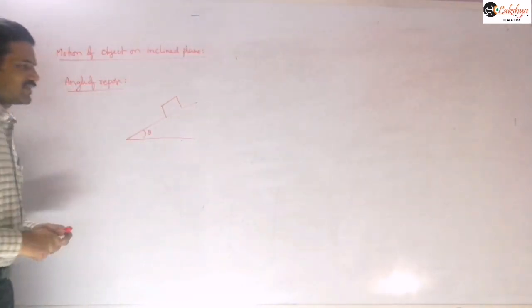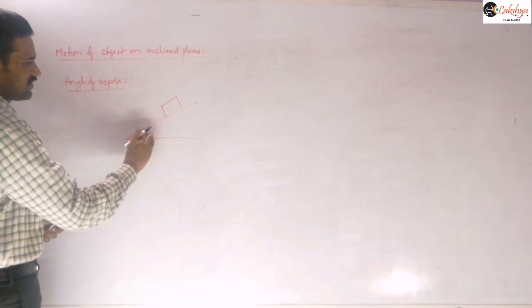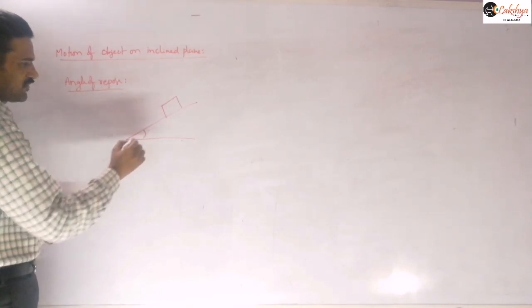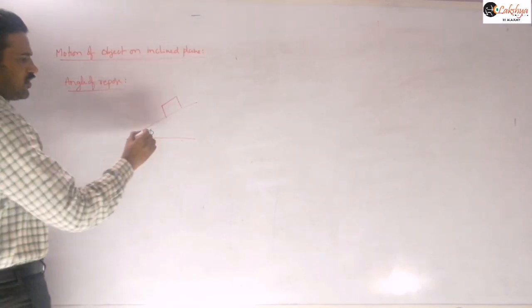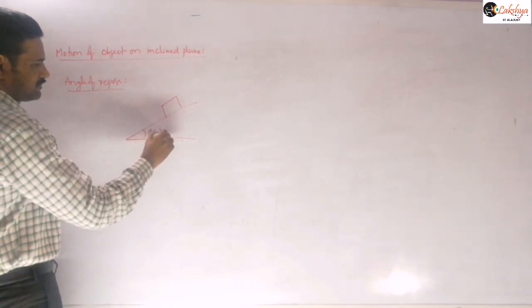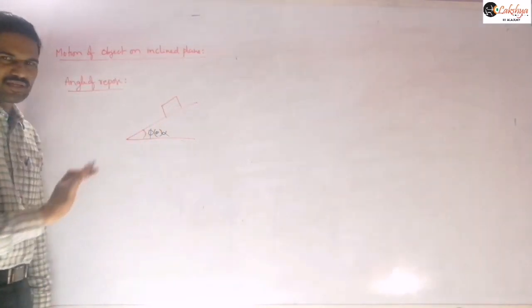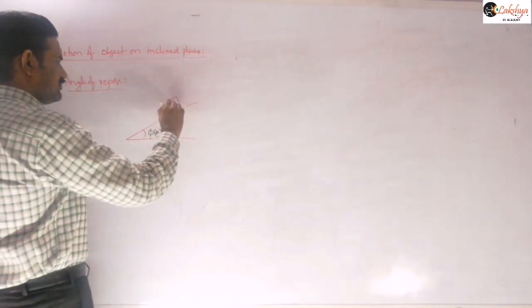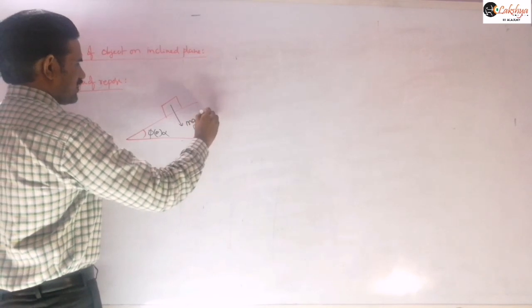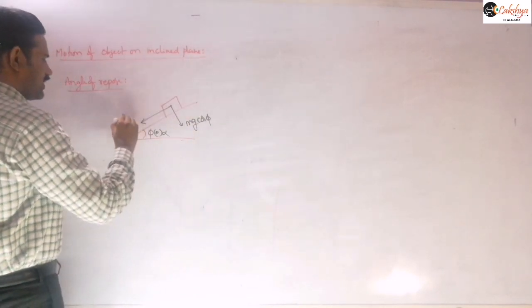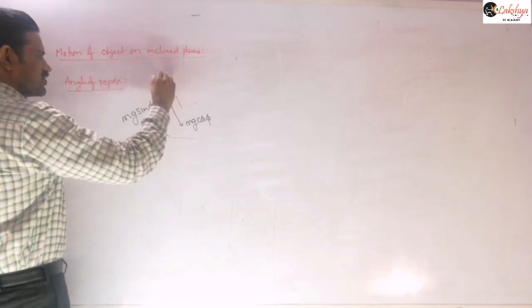So now let us consider when the body is ready to slide down. We represent the angle of repose generally as phi. Suppose I am taking this angle of repose as some phi, phi or alpha. Then the components: mg cos phi will be along this direction, and mg sin phi along this direction, with the normal reaction.